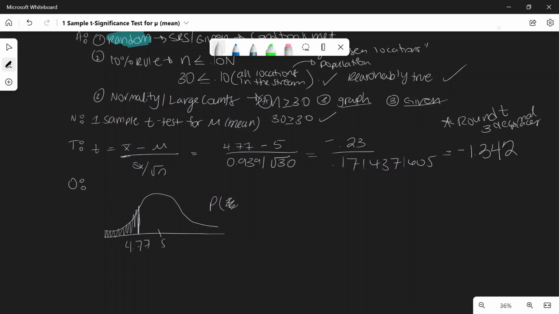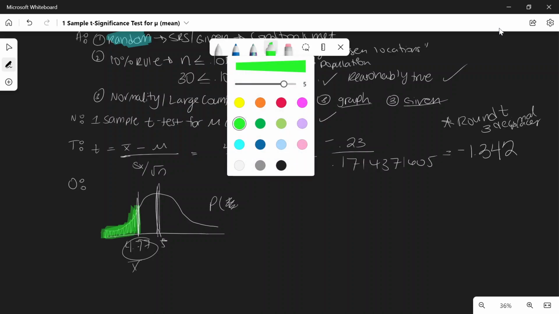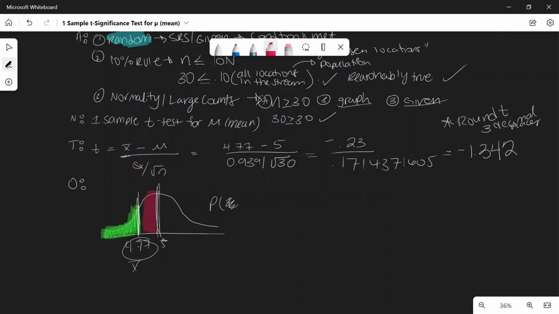Okay, so what we're trying to find is the probability that mu is going to be less than, well, actually, this is our average. But anything less than 5 is going to be a risk for aquatic life.